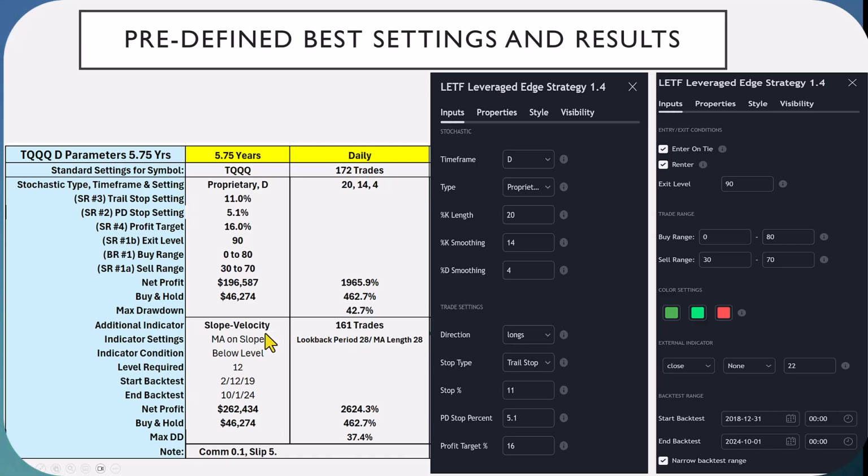You can see what that did in this case as far as reducing the number of trades from 172 without it to 161 with it, and how it's improved performance from 196,000 up here to using the extra indicator 262,000 down here. So a pretty significant bump by adding on that additional indicator.